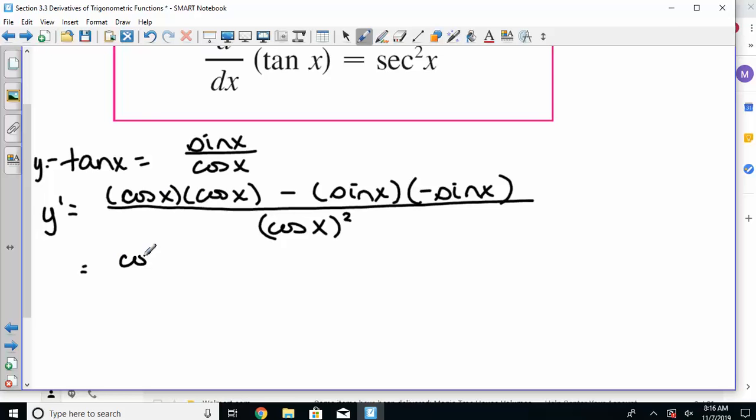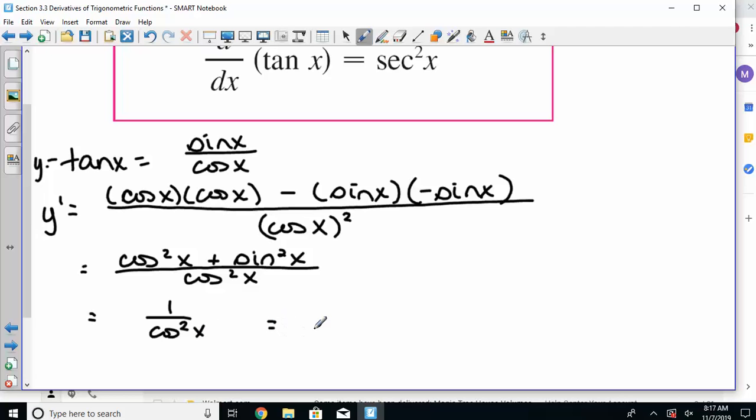So cosine times cosine is cosine squared, minus sine times negative sine, that would become a positive sine squared over cosine squared. What's cosine squared plus sine squared? And 1 over cosine is secant. Since it's squared, it is secant squared.